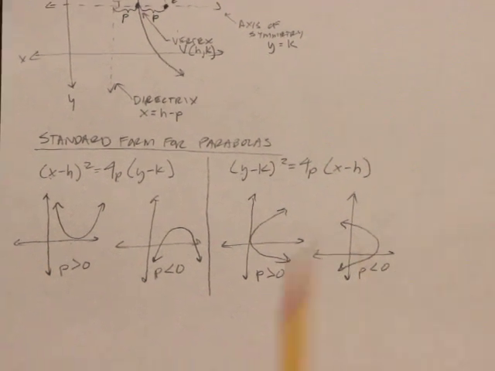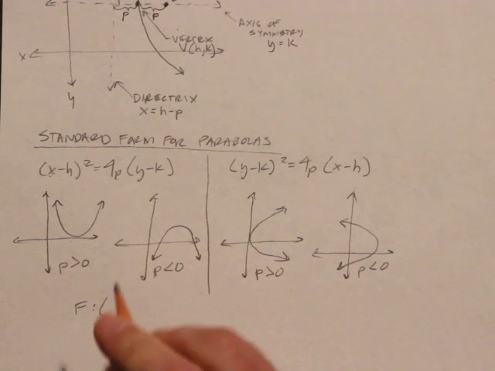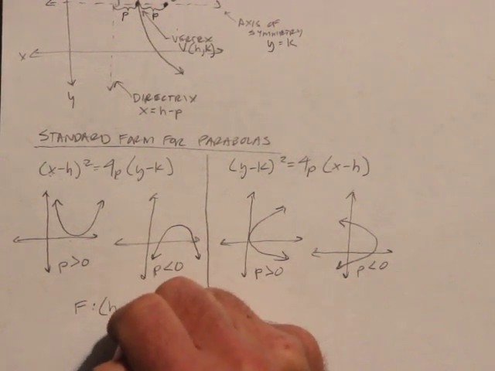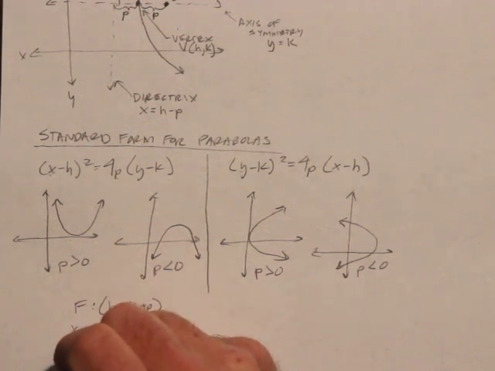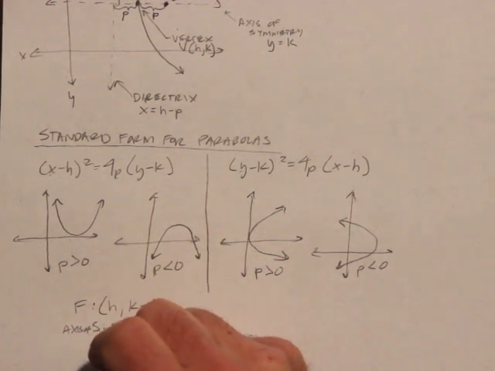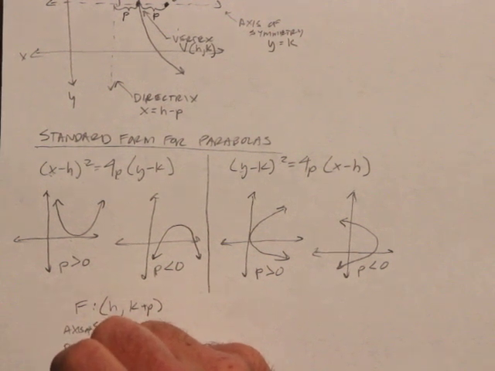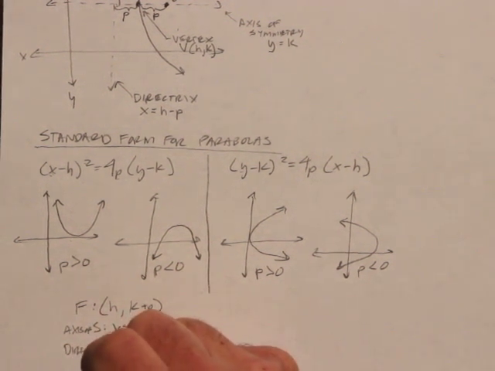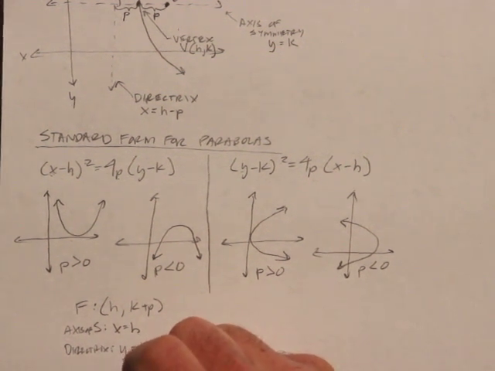Okay, so let's just write a little bit down here, and then we'll move on to the next bit. Your focus is (h, k plus p). Your axis of symmetry is x equals h, and your directrix is y equals k minus p.